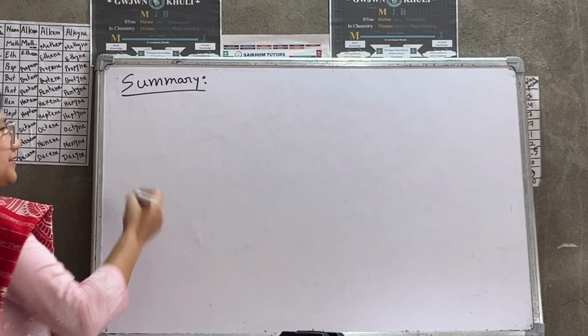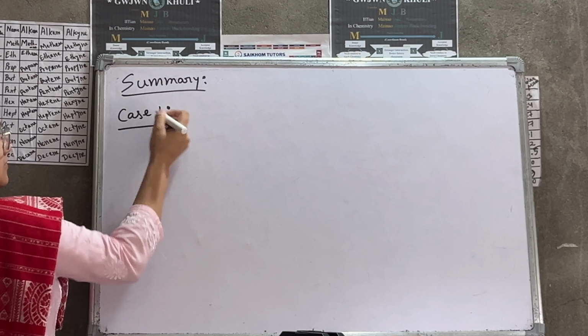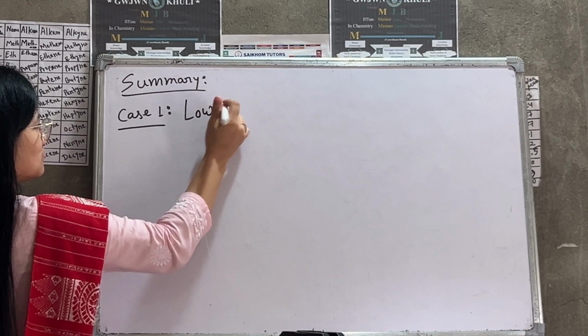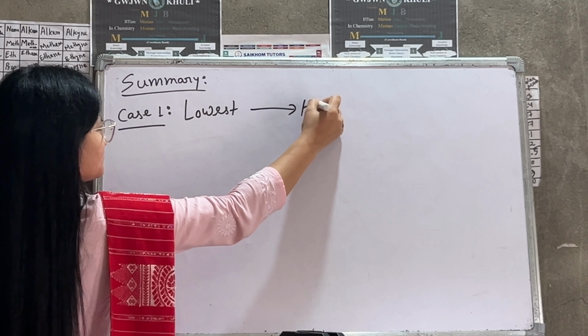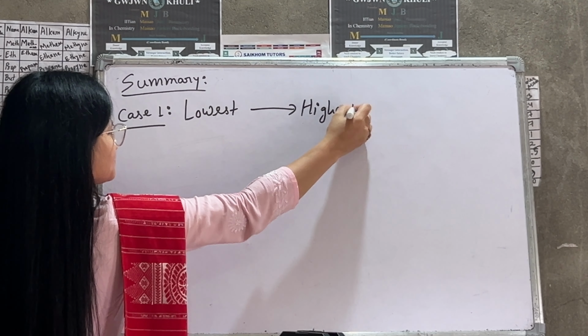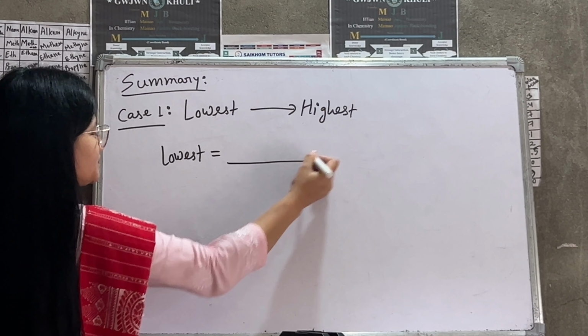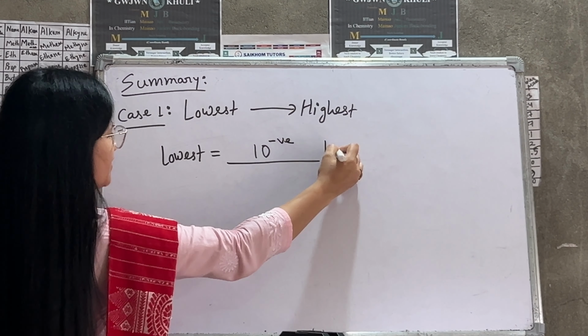Case 1, from lowest to highest: lowest value equals 10 to the negative power of the highest.